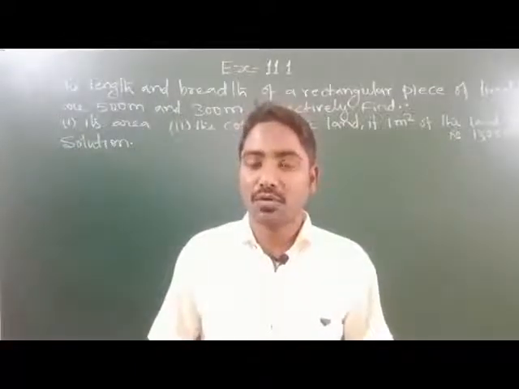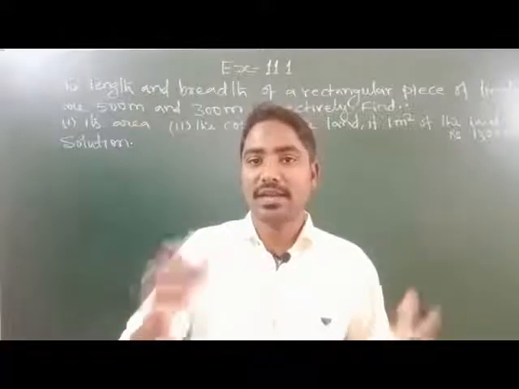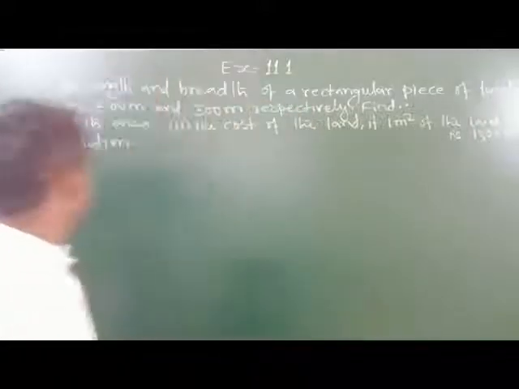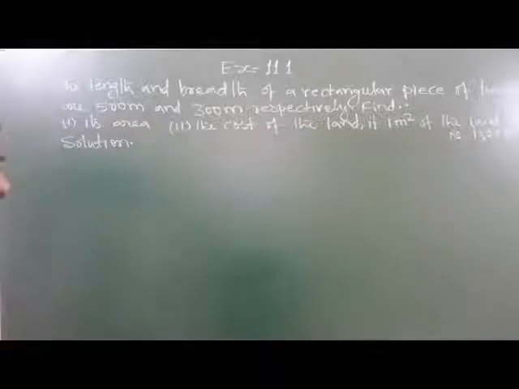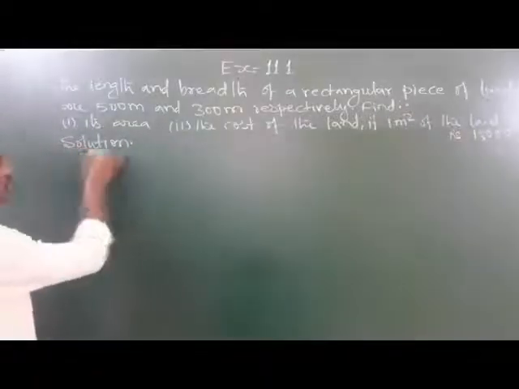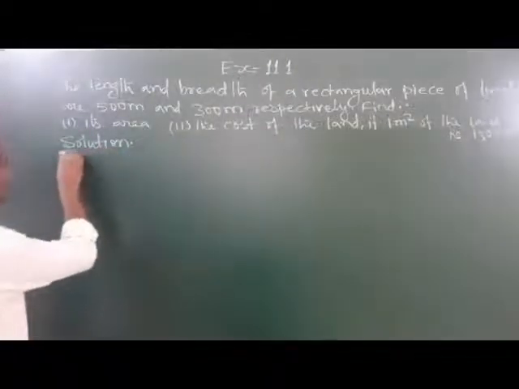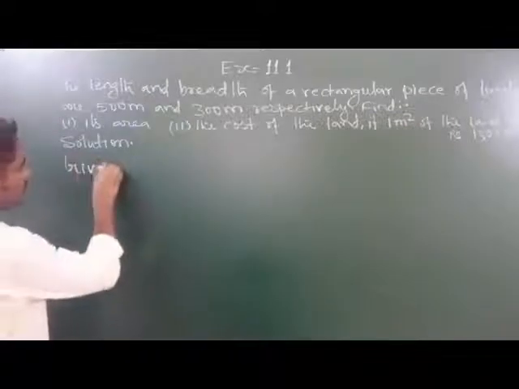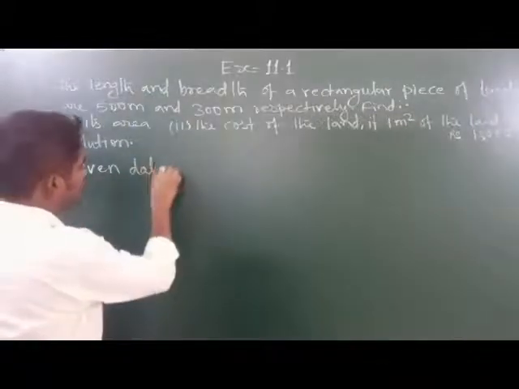We will just apply the formula, put the values, and then do the calculation. Okay, so here I am going to start the solution, students. Starting the solution, we will write here given data. What are the given data, students?